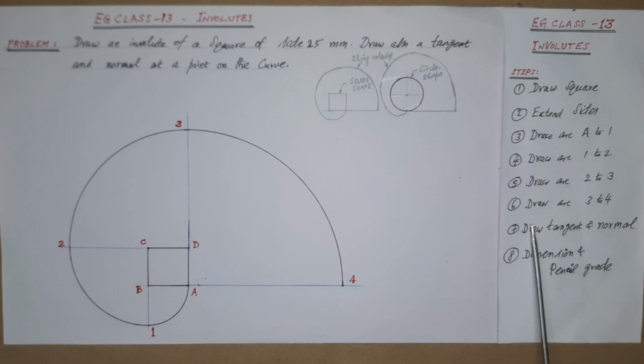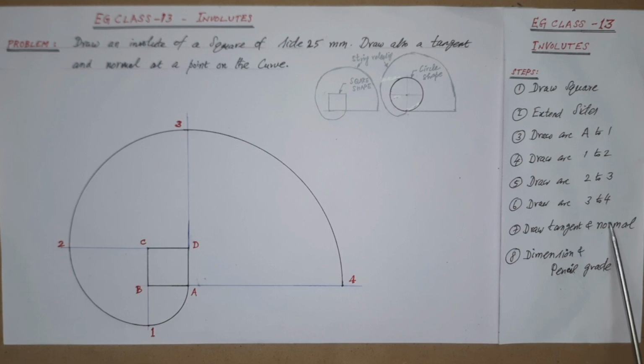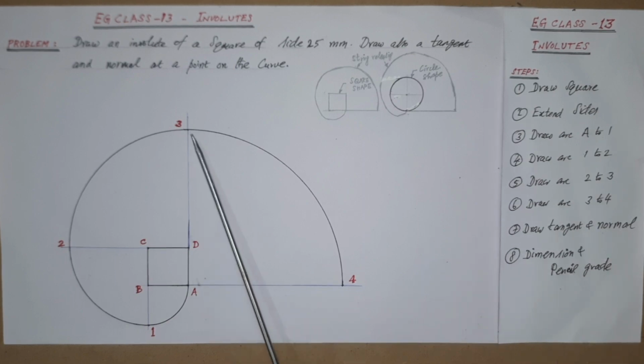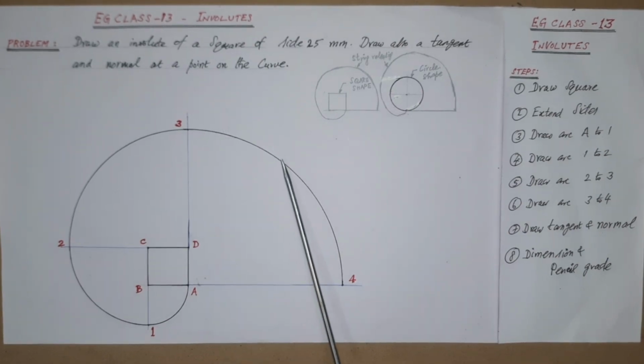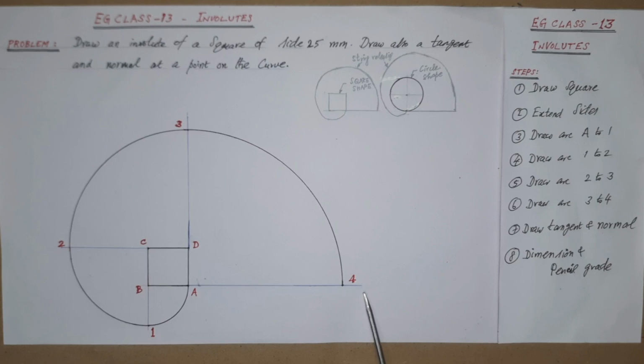Next, as per step 6, draw an arc 3 to 4. That is, using the compass, take A to 3 as radius with the compass at A as center. Draw an arc from 3. It meets the BA extension line. Mark the meeting point as 4 as shown here.